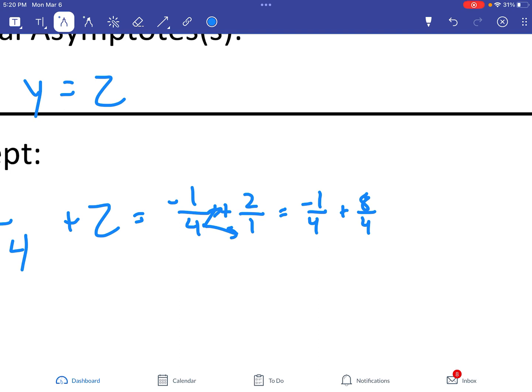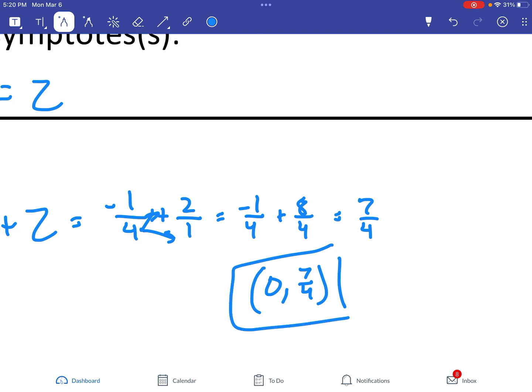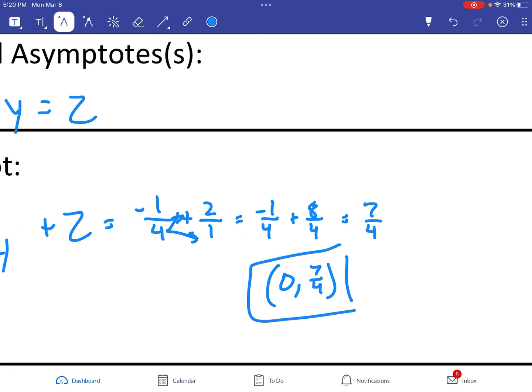Now again, I haven't necessarily explained that, but 8 over 4 is the same thing as 2 over 1. It just looks different, but 8 divided by 4 is still 2. Now that my denominators are common, I can combine the numbers on the top. Negative 1 plus 8 is positive 7 over 4. Since this is a y-intercept, my y-intercept is 0, comma 7 over 4. And there we go.